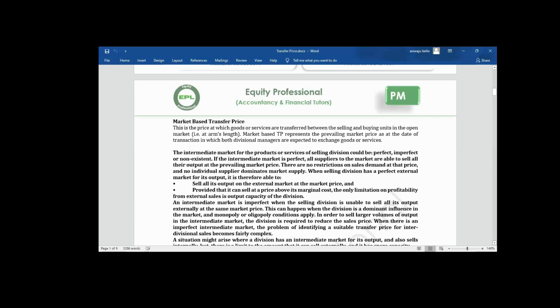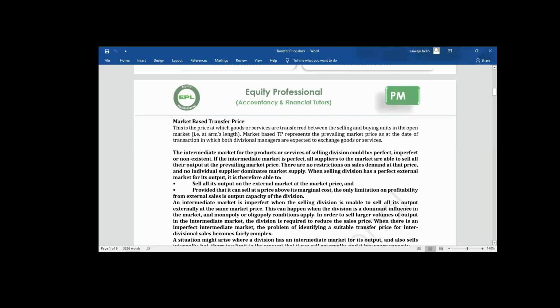As at the date of that transaction, for you to talk of market-based transfer price, it implies that the item being transferred internally has an external market, and there's an external market price.